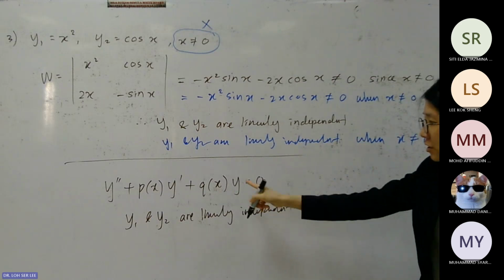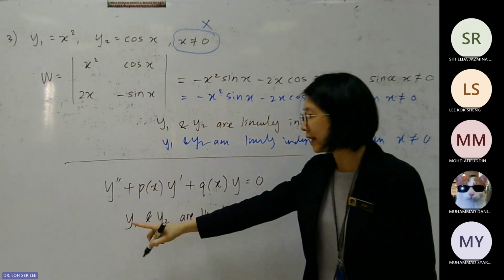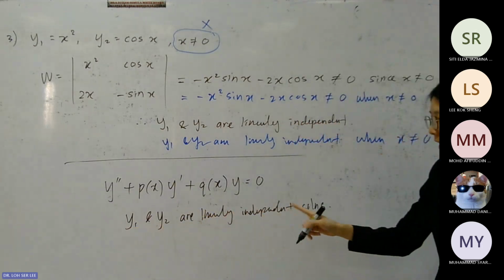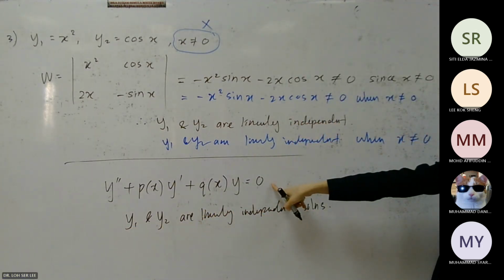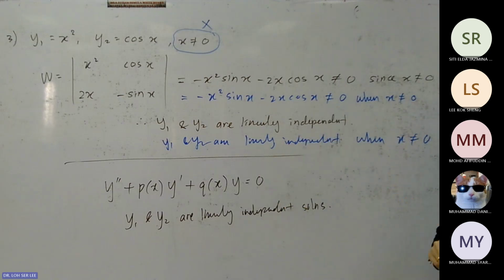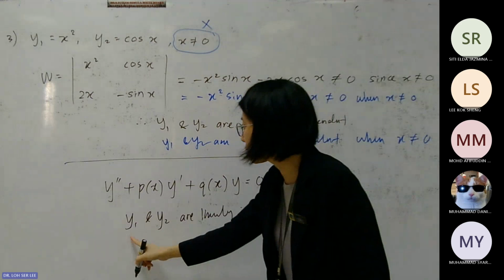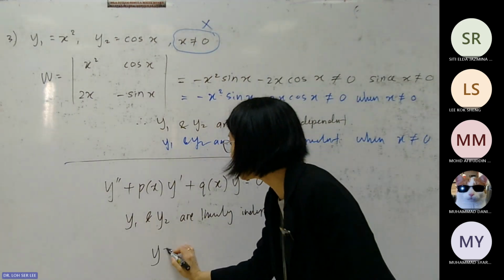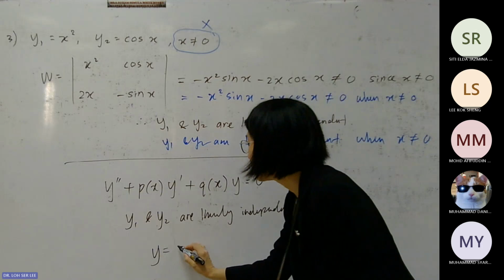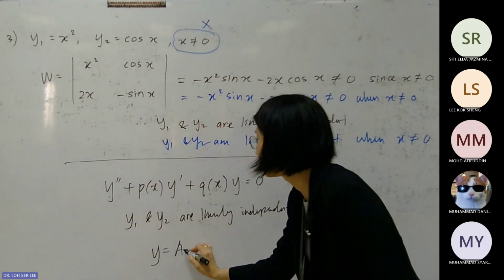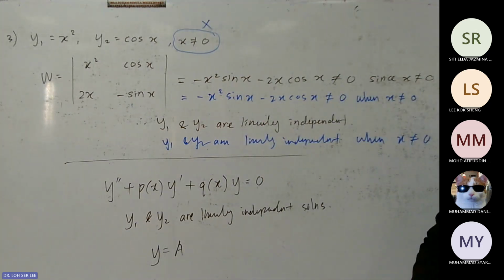Let's say y1 and y2 are linearly independent solutions for this differential equation. Then, according to the generalized superposition principle, the linear combination of these two, meaning we can combine these two linearly, I follow the notes.